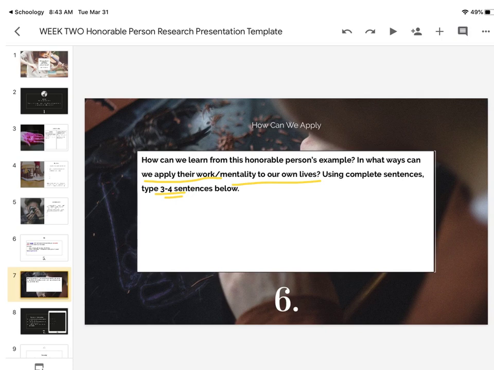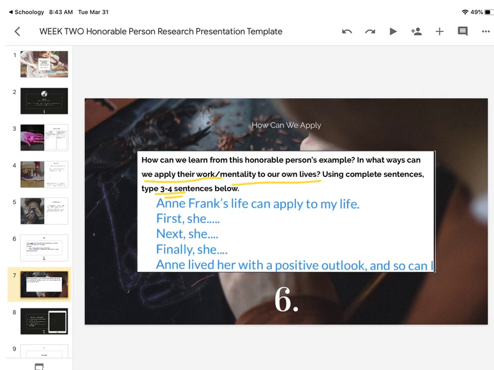An example would be, so here's your topic. Anne Frank's life can apply to my life, or you would put in whoever your research is on. First, she kept a diary of daily events. I could do the same thing to look back on and reflect about my life. Next, she saw things in a positive light.